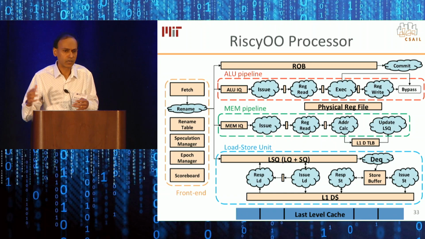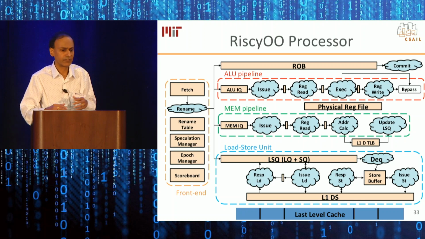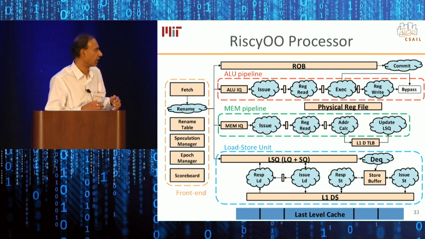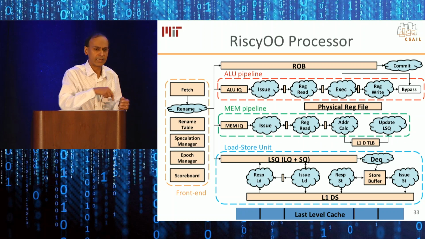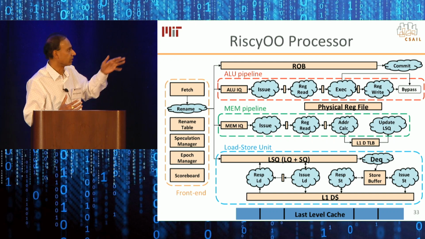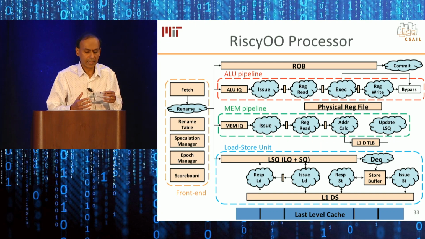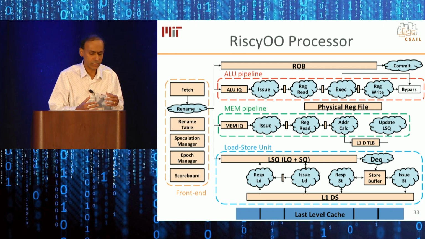So think about your computer architecture class, your graduate class, if you've taken it, and the second half of the class, and all of the techniques that were in that class, speculation and scoreboarding and so on. They're all in this processor that Professor Arvind and his students built, which is called the RISC-V processor. It again is a processor that we used as a baseline, but it boots Linux and runs on an Amazon FPGA.